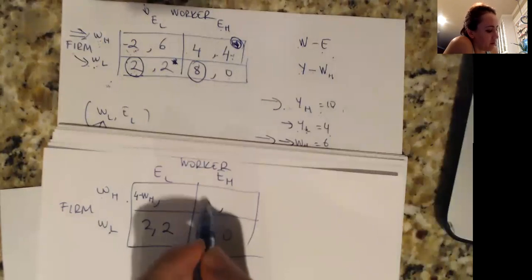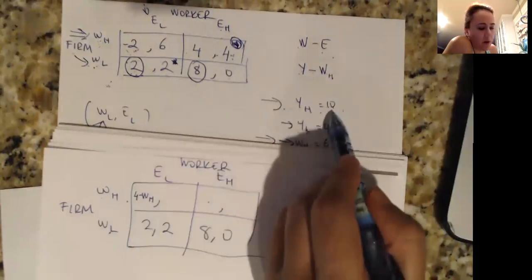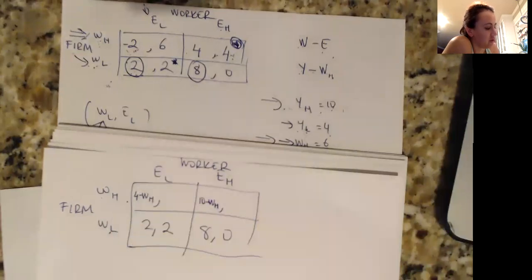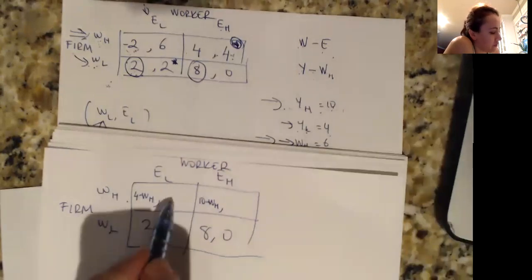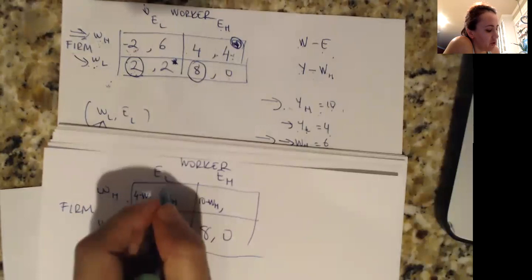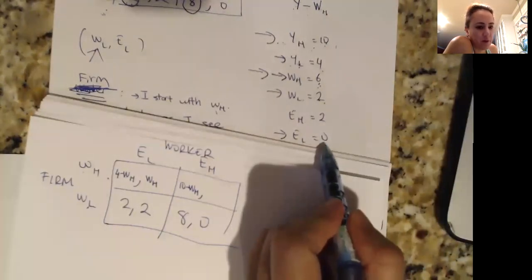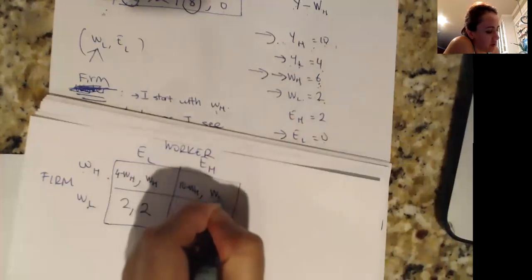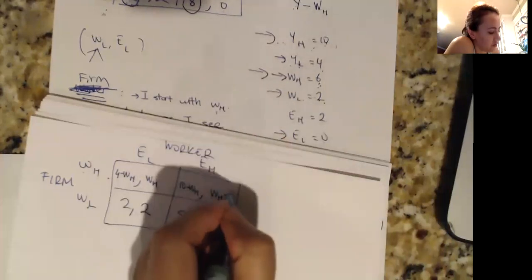And here the outcome is going to be high. So this is 10 minus WH for the firm. And for the worker, he is paid WH, but he shows low effort, which is 0. So this is WH minus 0, and here WH minus high effort 2.